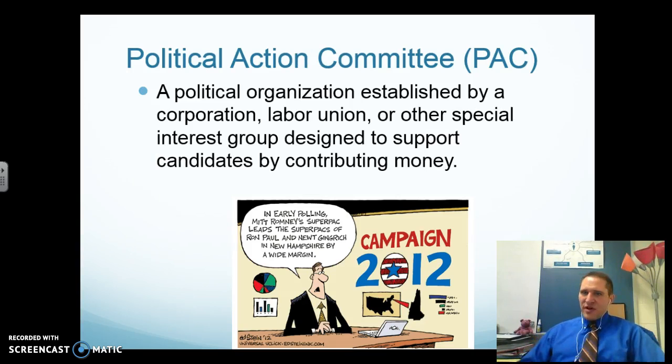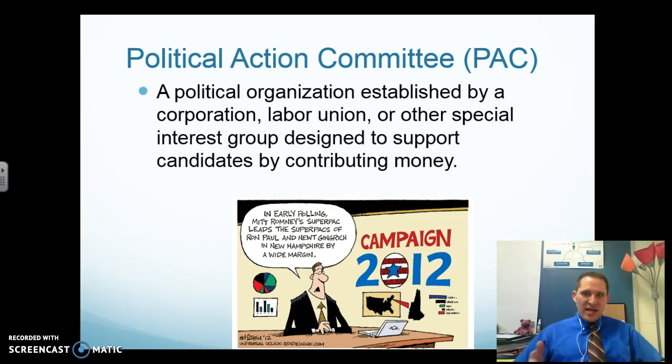All right, the next one is a political action committee. It's kind of like the next step up from an interest group. So you have a political organization established by corporations, labor unions, or other special interest groups, and they're designed to support candidates by contributing money. You can see by this campaign advertisement, this little political cartoon here, that basically political action committees are often what determine who's going to win the election.